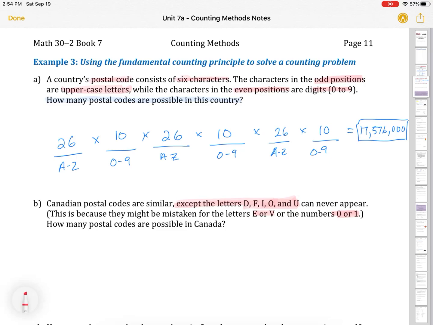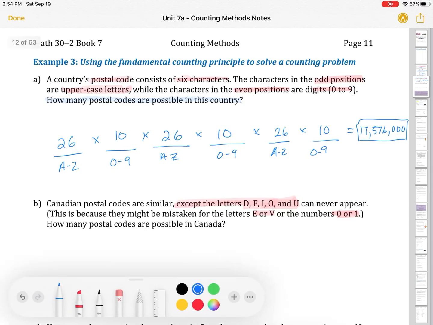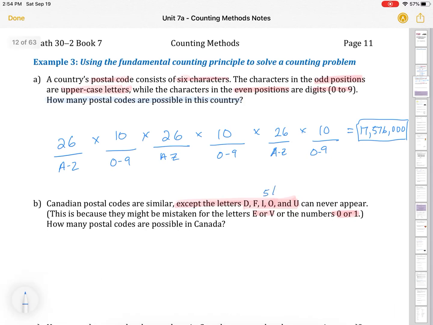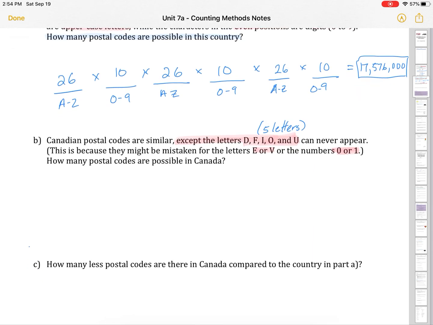So they just took a few out. They didn't need 17 million postal codes. So they said, we can take these letters out because it might be confusing, particularly when dealing with people's handwriting. So they removed 5 letters so that we don't have as much confusion.